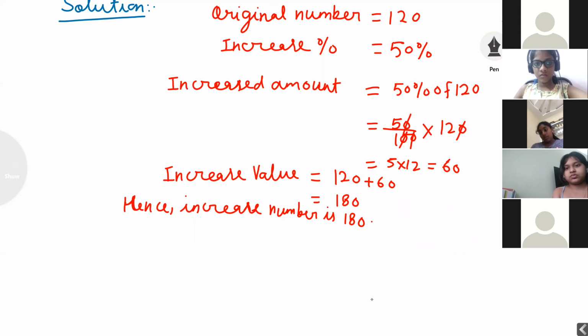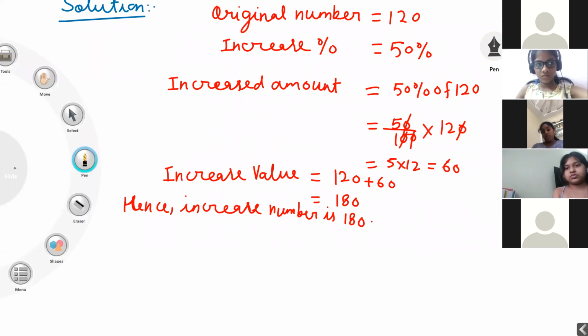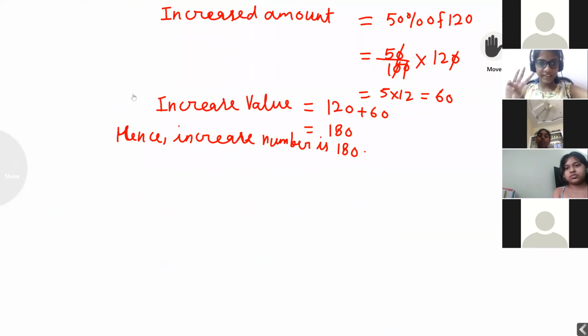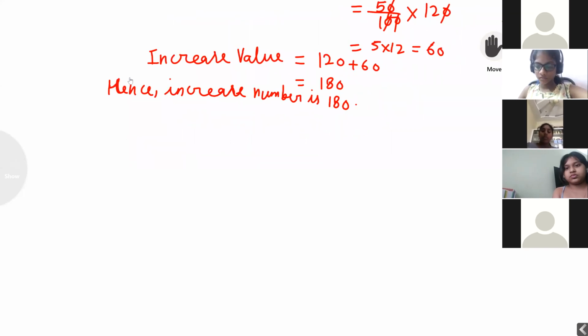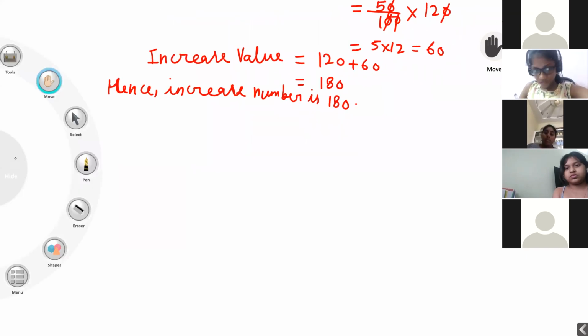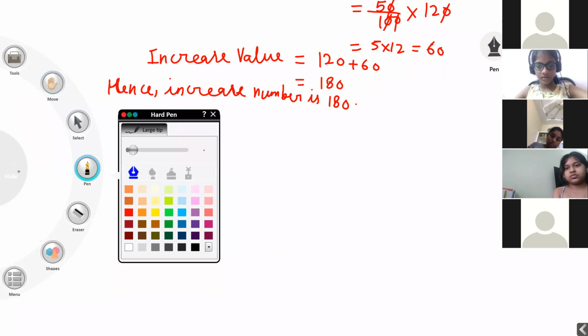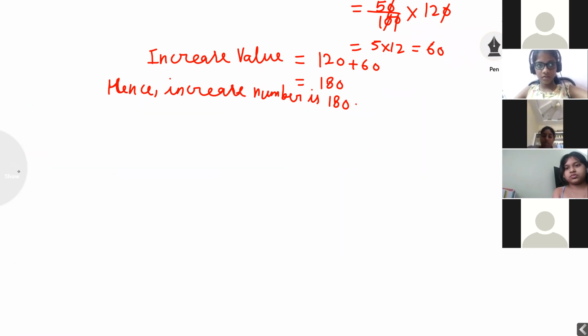Second question I am taking, students, you will understand. Question number 3 completed. Note down question number 4. Example 4.